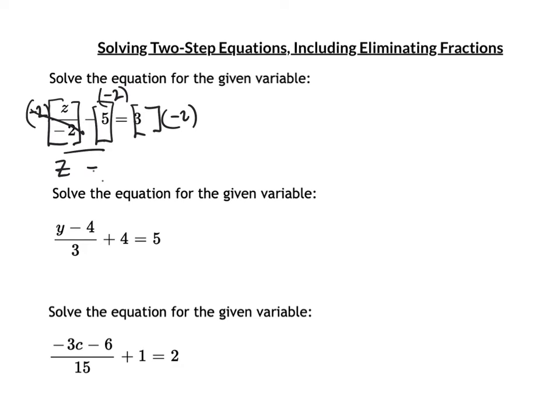Now that's a minus 5. We treat that as a negative 5. Negative 5 times negative 2 is positive 10. And 3 times negative 2 is negative 6. To get the z by itself, get rid of that plus 10, minus 10 to both sides. And z equals negative 6 minus 10 is negative 16.